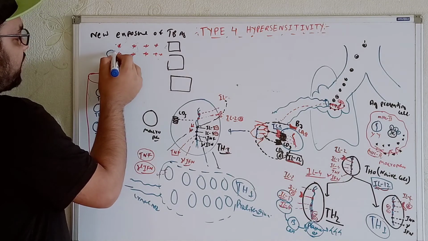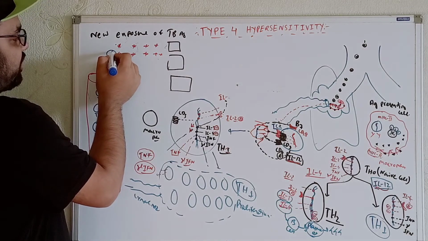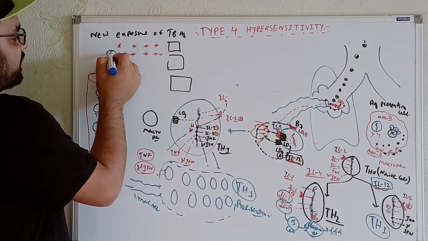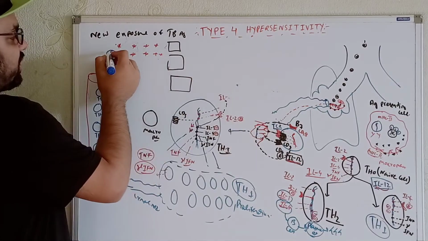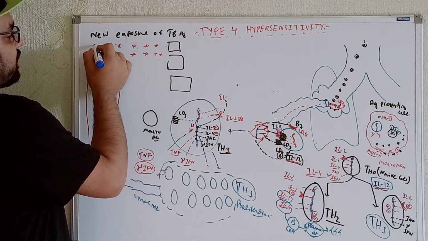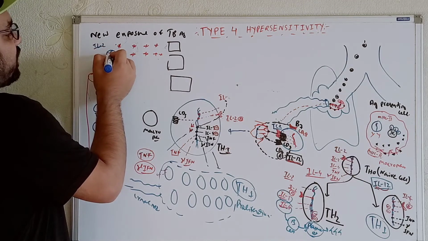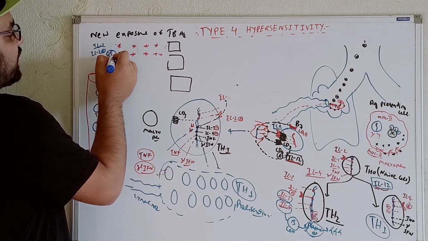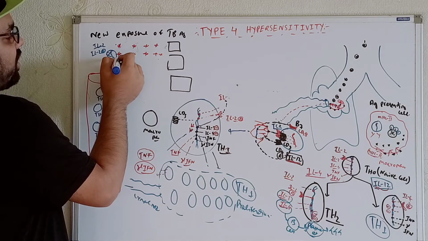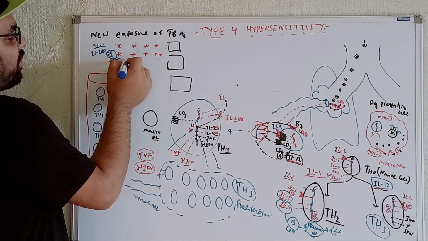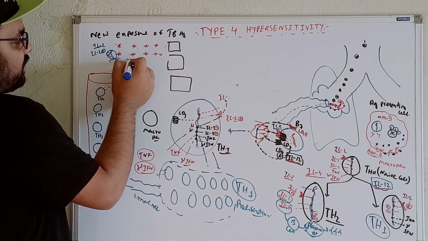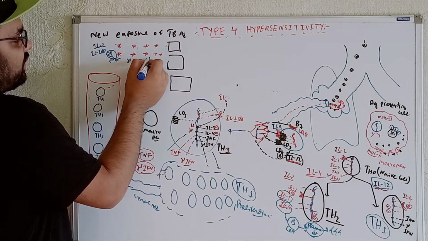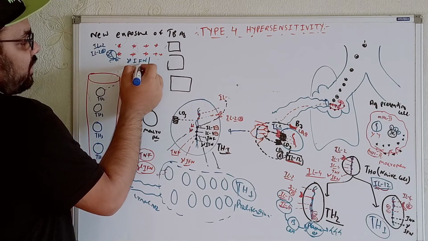In the same way, we will get all types of the stimulators that I already explained to you guys. By that, we will get the production of the interleukin 2, and then the interleukin 2 receptors. Then from here we will get the ultimate signal, then we will get the clonal expansion, and from here we will get the production of what? The gamma interferon, and we will get the, okay, let's write it over here.